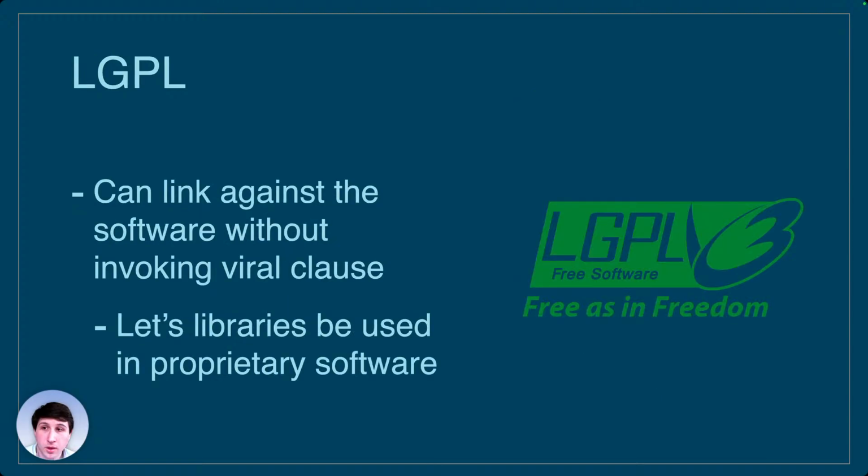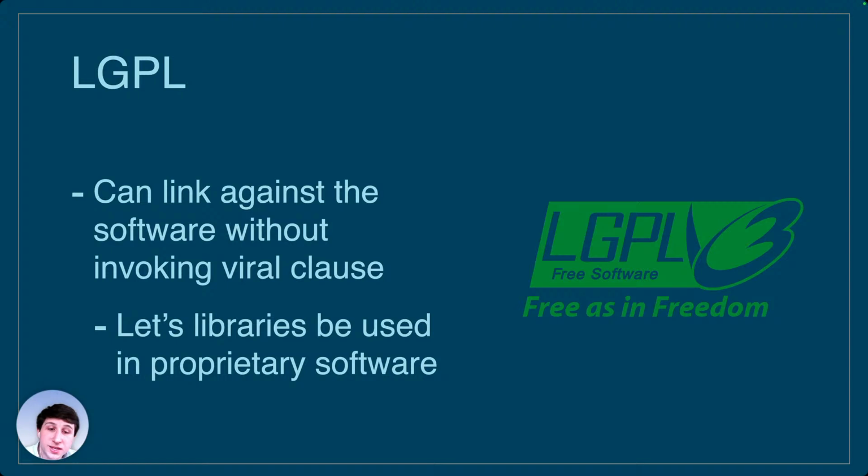The LGPL is a little bit more moderate than the GPL, and it originally stood for the Lesser GPL. Sometimes people refer to it as the Library GPL. The idea here is that if you modify the original software, you do still need to release your software under the same license.